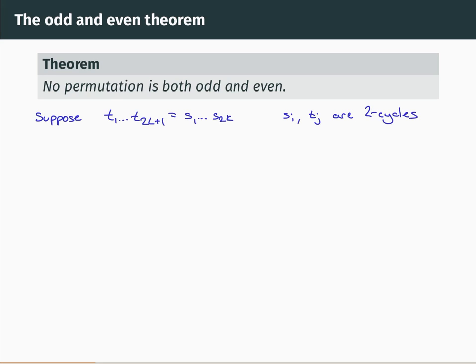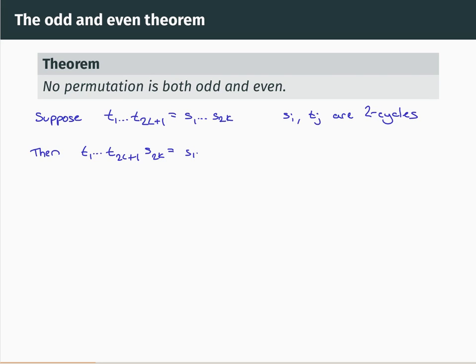Well then, what we can get from that is that if this were true, then you could write the identity as a product of an odd number of transpositions. The reason for that is you could take this equation and multiply on the right by the inverse of s_{2k}. But the inverse of s_{2k} is s_{2k} again, as we just saw.